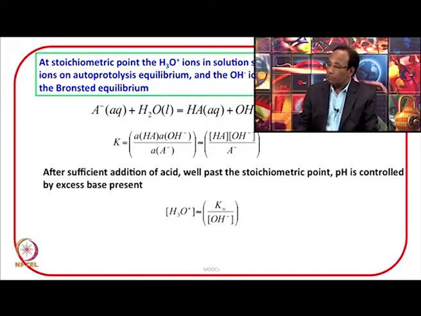I can write this expression: H3O plus is equal to Kw divided by OH minus ion. Even if I write this by using autoprotolysis of water, the hydronium ion concentration is approximately given by the autoprotolysis constant of water divided by hydroxide ion. So, it is the amount of OH ion, if it is in excess, that is going to control the pH of the solution, because H3O plus will be modified accordingly.